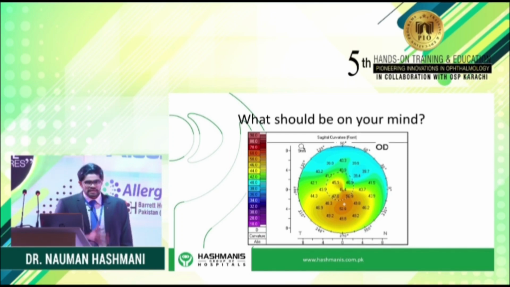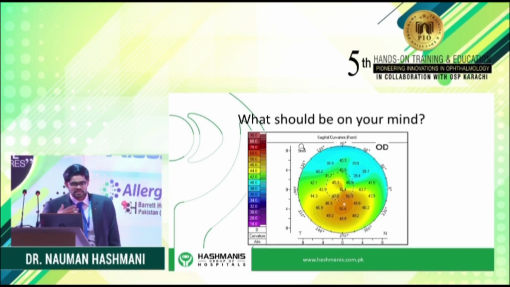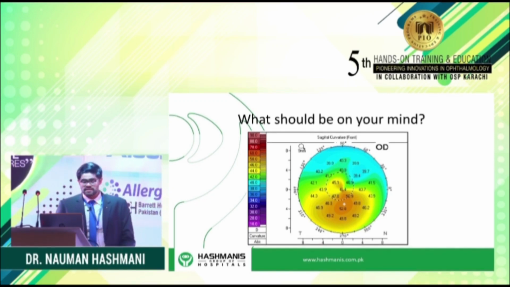But what it will give you is the position of the visual axis, and from that you can predict angle kappa. The formula currently used today is that whatever you get on the x and y values, you divide by 2, and that's your angle kappa. The normal values here are an x of less than minus 0.02 with a high standard deviation, so that's something you want to take into account as well, and a y of negative 0.09, again with a relatively high standard deviation.